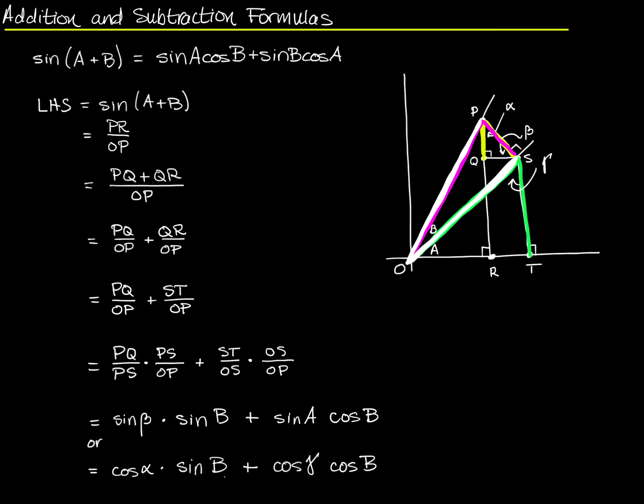So now I can rewrite this. This is sort of two options that I have here. I can write this as either the sine of beta or the cosine of alpha times the sine of B, plus either the sine of A or the cosine of gamma times the cosine of B. Now, notice that if I choose to use the sine of A, then I have sine A times cosine B in this term right here.